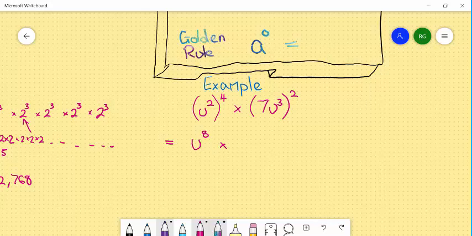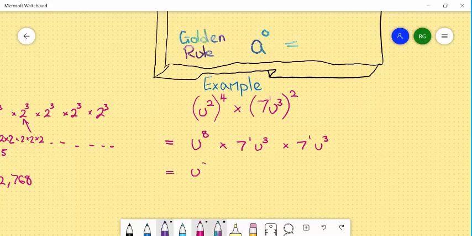Even that number 7 is to the power of 1. I'll let that sink in for a second. That is 7 to the power of 1. Now what we're saying here is we have 7 to the power of 1 times u cubed multiplied by 7 to the power of 1 times u cubed.